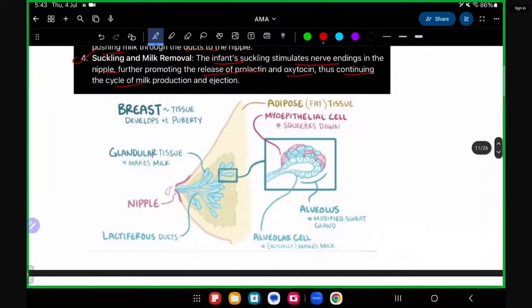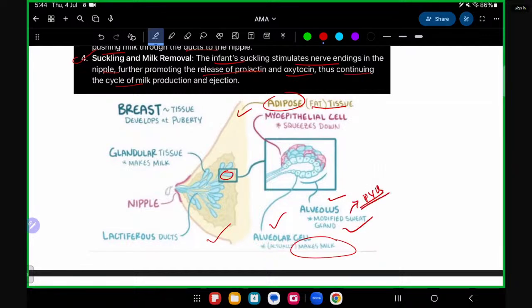So here you can see it is a mammary gland. It constitutes adipose tissue, that is the fatty tissue. Then these are the alveoli. Alveolus consists of alveolar cells, here the milk production takes place. Next question is, what is alveolus? It is a modified sweat gland. It is also a PYQ.